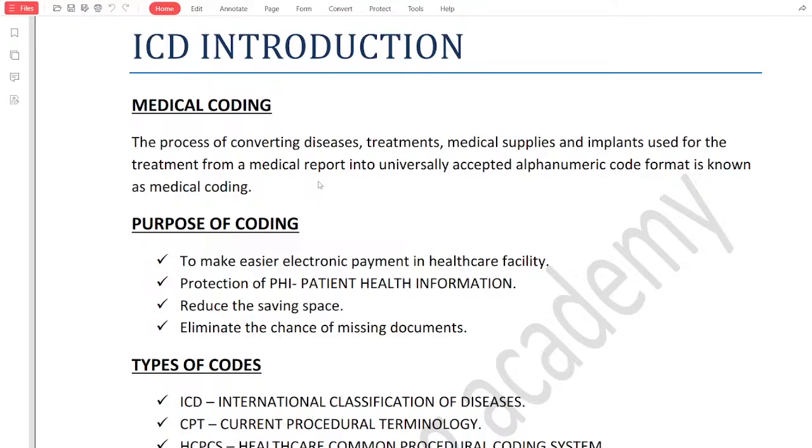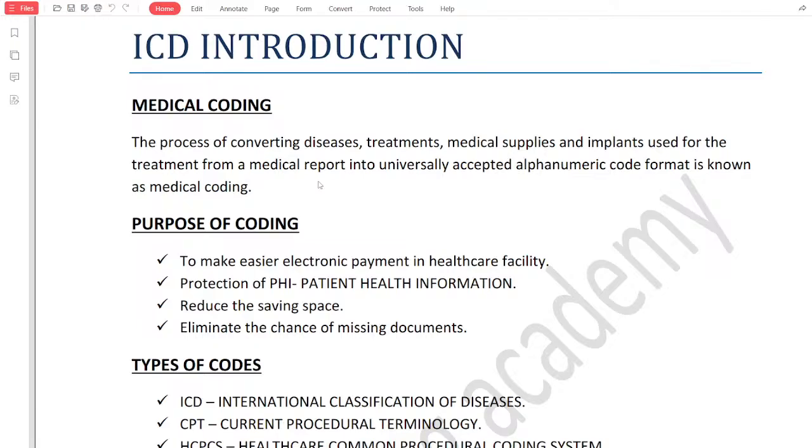It converts diseases, treatments, medical supplies, medical procedures, medical equipment, etc., into universally acceptable alphanumeric codes. This type of format is known as medical coding.